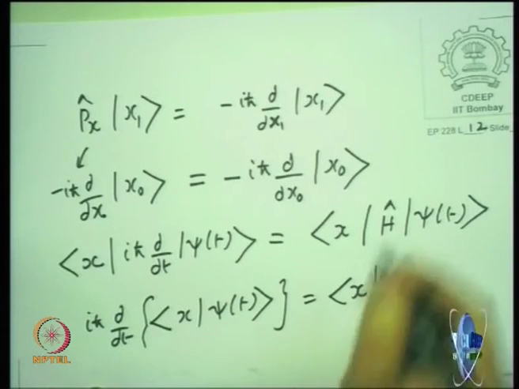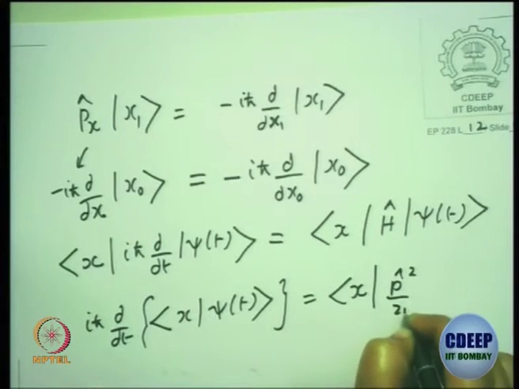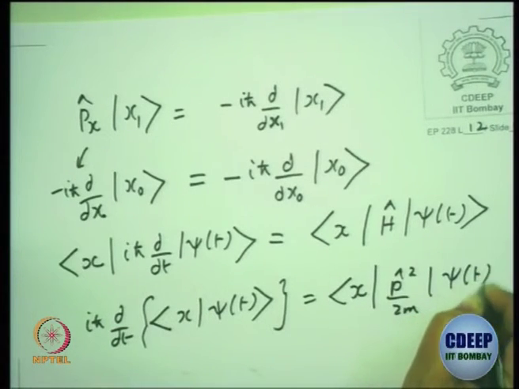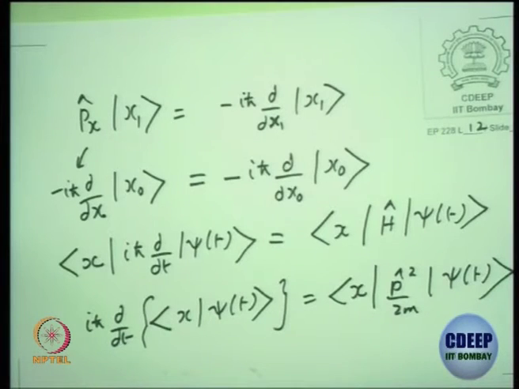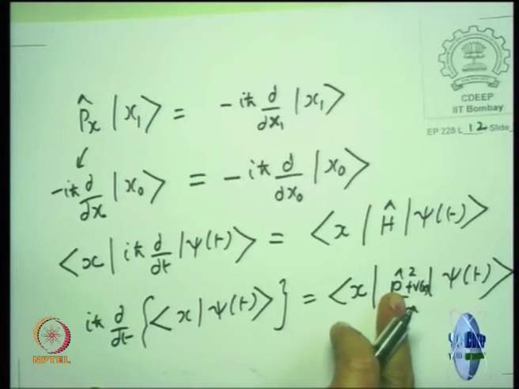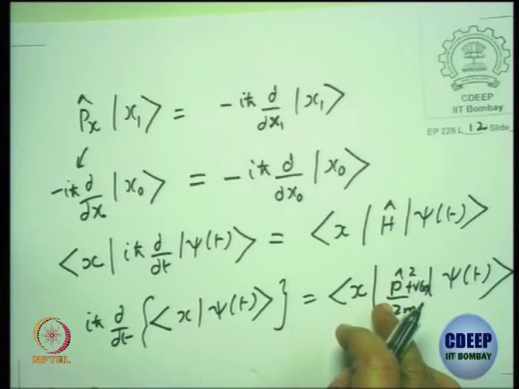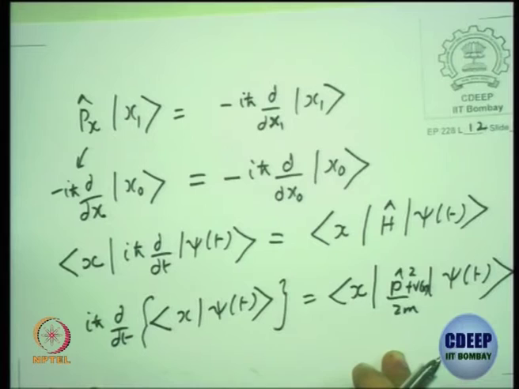Suppose we had a free particle, p squared over 2m on psi of t. We will also do V of x later. If you want, let's write the V of x also. The p has a position representation, which is minus i h cross del by del x in 1 dimension.